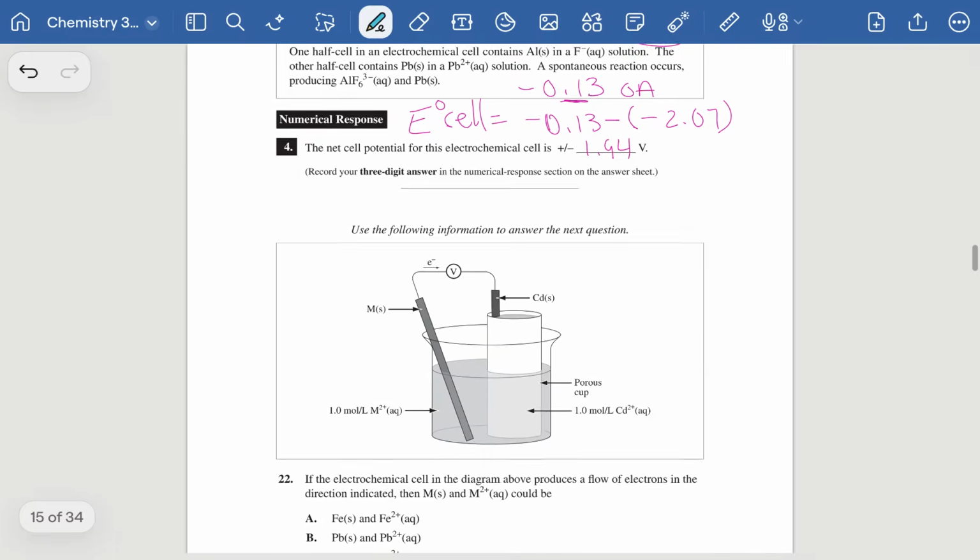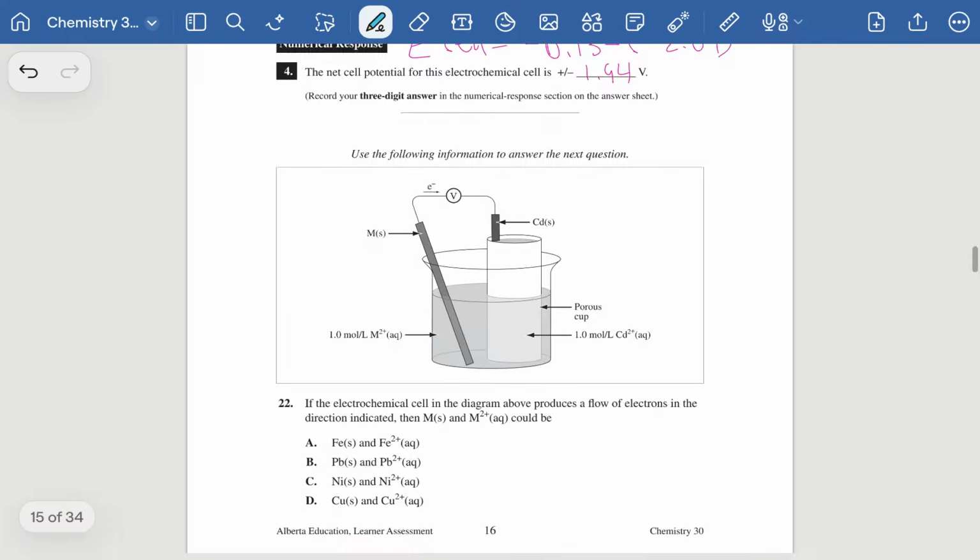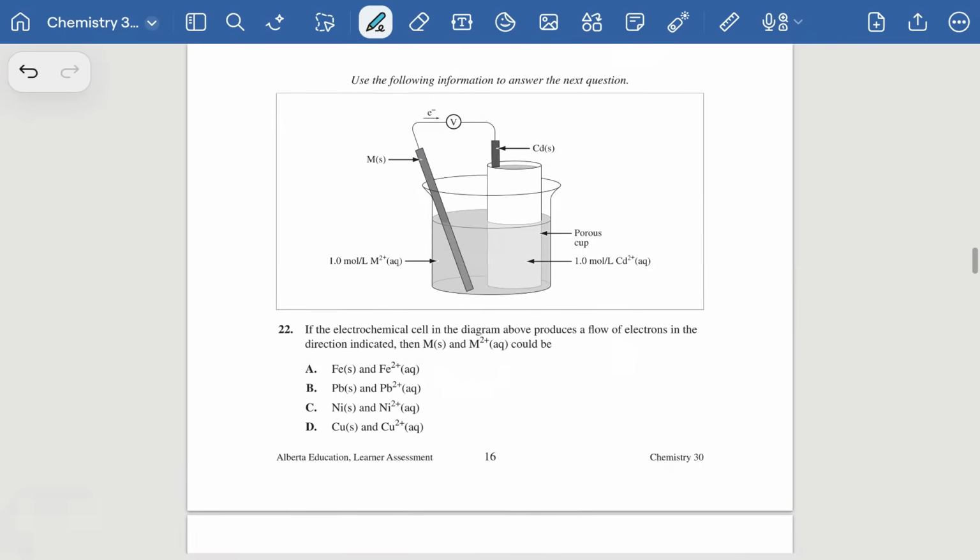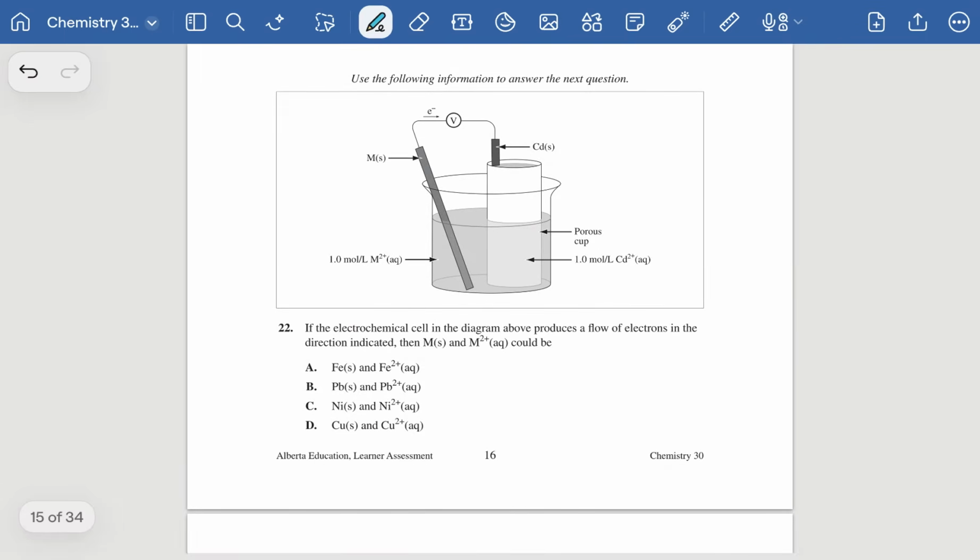Our next one, we have the flow of electrons going from this unspecified metal at the anode over to the cathode. It's asking, if the electrons are flowing as indicated, what could the metal be? So we know at the anode, you're undergoing oxidation and you're a reducing agent. Down here is your oxidizing agent.